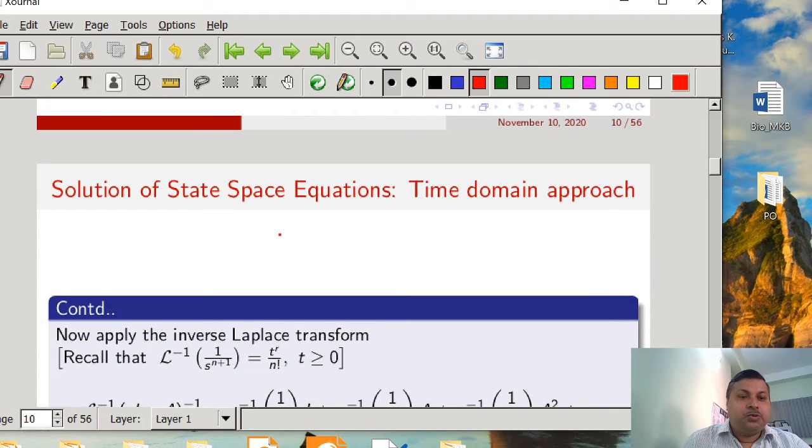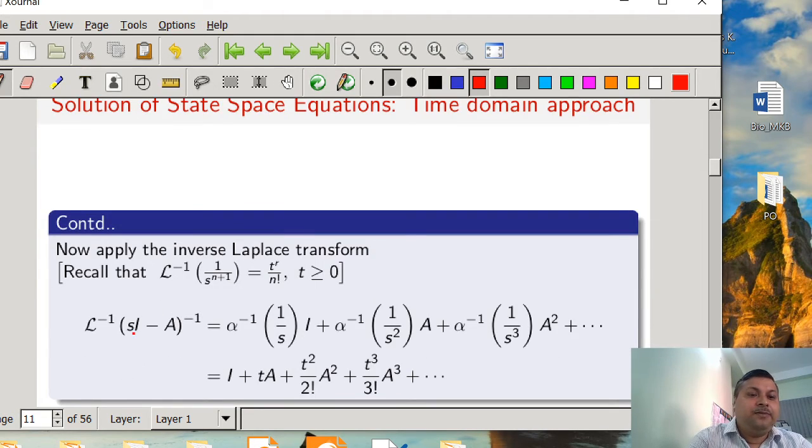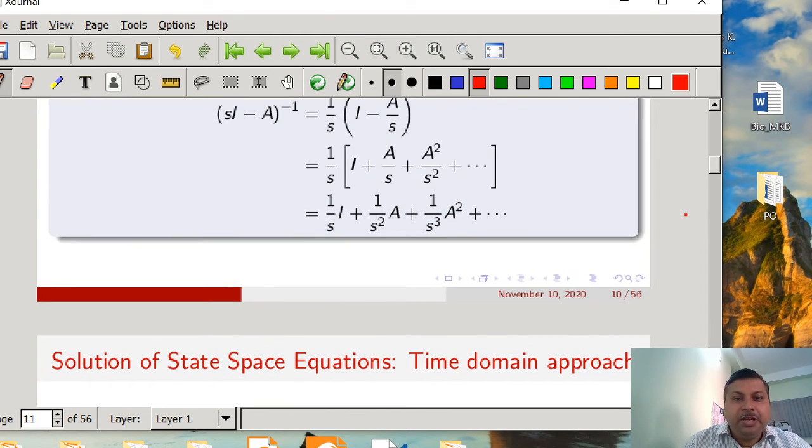So to get the inverse Laplace of (sI minus A) inverse, we have to take the inverse Laplace of individual terms, this term and this term. Some symbol mistakes are there here.